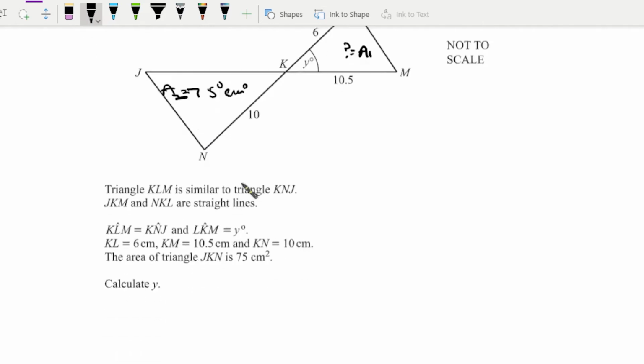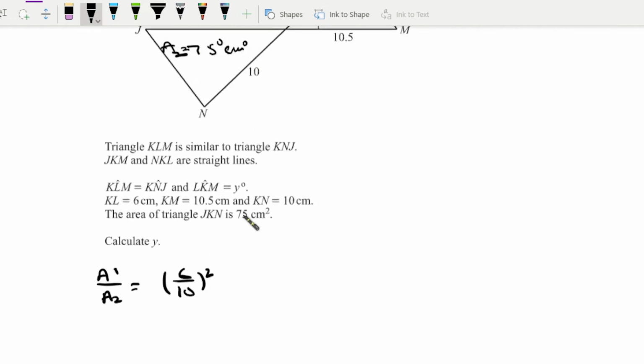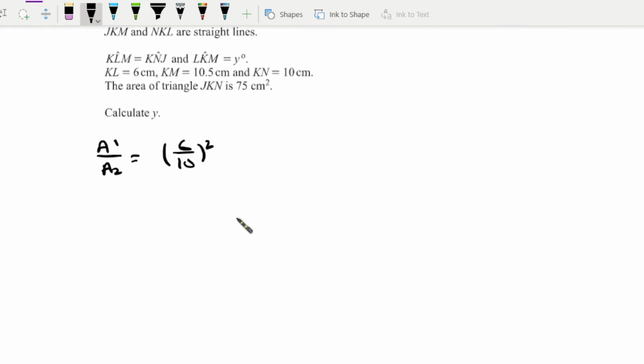So A1 upon A2 is equal to 6 upon 10 square. Okay. So we need to find out the value of A1 is equal to 36 upon 100 multiplied by A2.